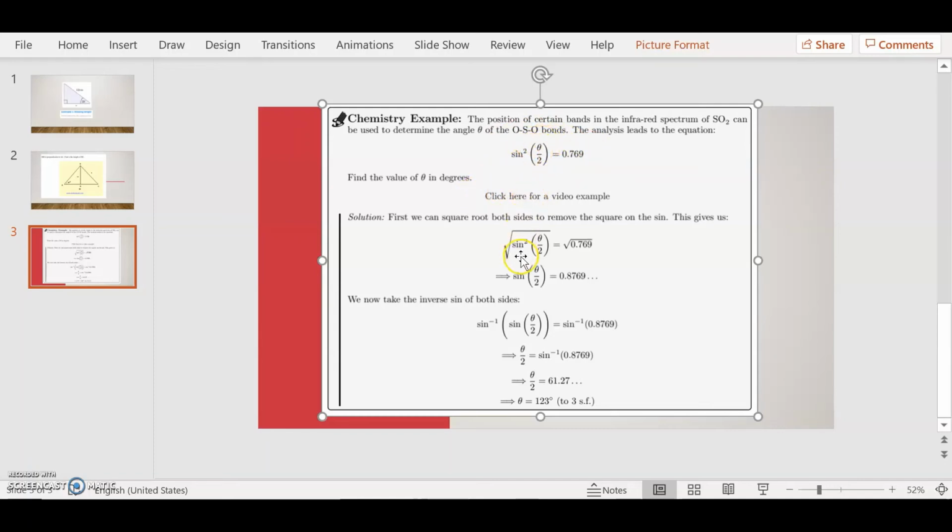So firstly, we square root both sides to remove the square on the sine. And now we take the inverse sine on both sides. And then we bring the 2 to the other side, and then we get theta.